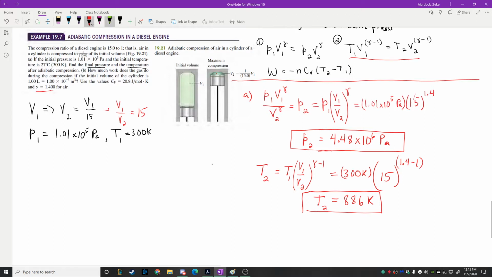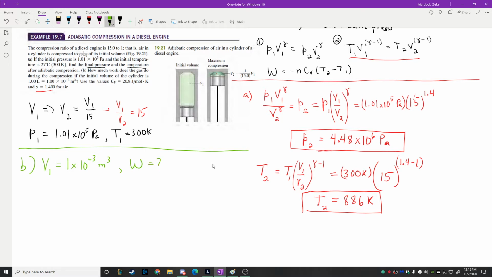So for part B then, let's use a different color for part B. Now we want to find the work. How much work does the gas do during the compression if the initial volume of the cylinder is 1 liter? So now, given that V1 is equal to 1 times 10 to the negative 3 meters cubed, we want to find the work done by the gas.